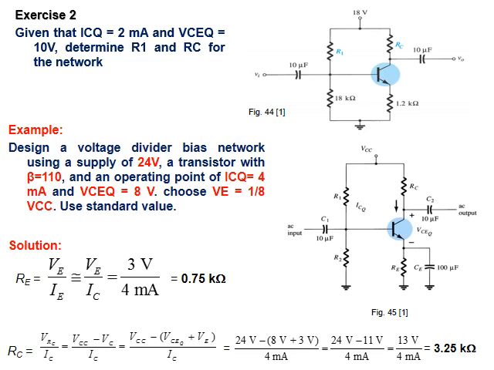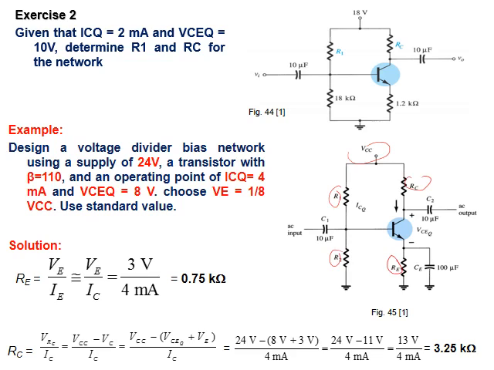Now let's take another example on this circuit. You can see it is a voltage divider circuit. He gave you the voltage VCC 24, IC, beta, VCE and VE, all of them are given to you. He asks you to design a voltage divider bias network using this information. What is missing here? You can see he wants R1, RC, R2, RE.